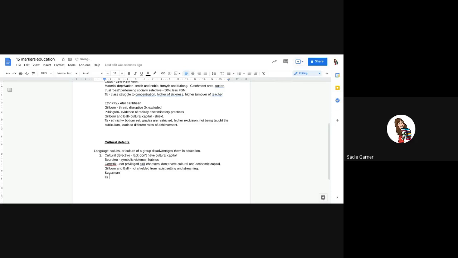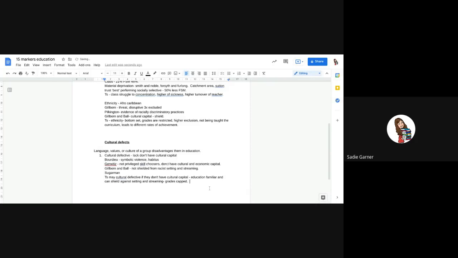Okay, at the end of that paragraph, this shows that some groups, please make sure we say may, be culturally defective if they don't have cultural capital, which makes education familiar and can shield against setting and streaming and having grades capped.